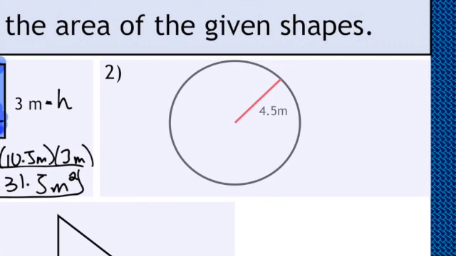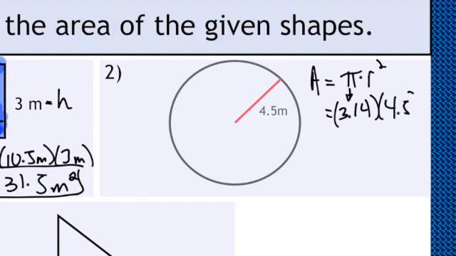For our circle here, to find the area of a circle, remember that the formula is equal to pi times r squared. The way I like to do it, if we were in class, it'd be a little bit different, but since you guys are online, I want to make this a little bit easier for you. We're just going to make pi 3.14. Then we're going to take the radius, plug it into the formula, and square it.